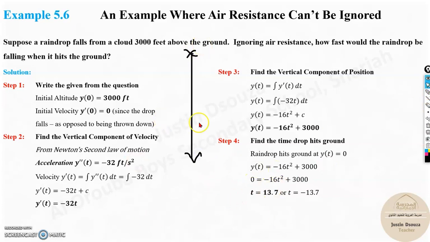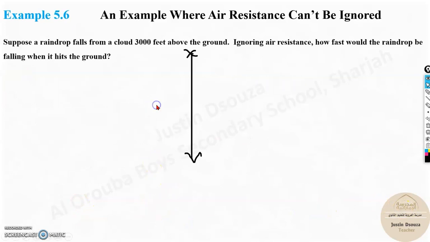Now how do you find the velocity? What is the velocity equation over here? Substitute 13.7 instead of time. So the velocity when the raindrop is hitting the ground will be minus 32 times 13.7. Let's do that now. Over here, y dash of t equals minus 32t.